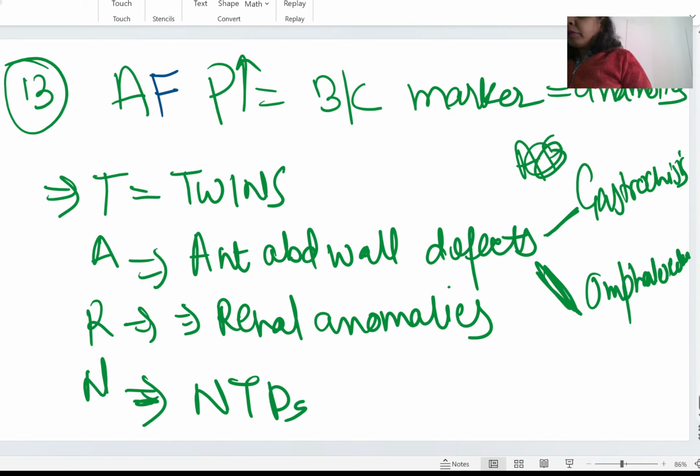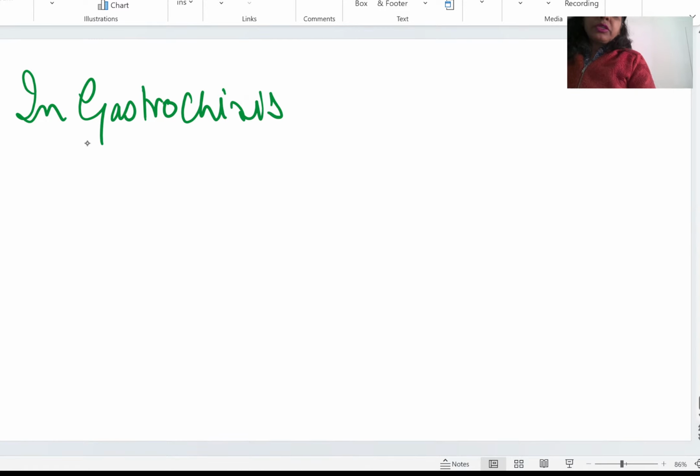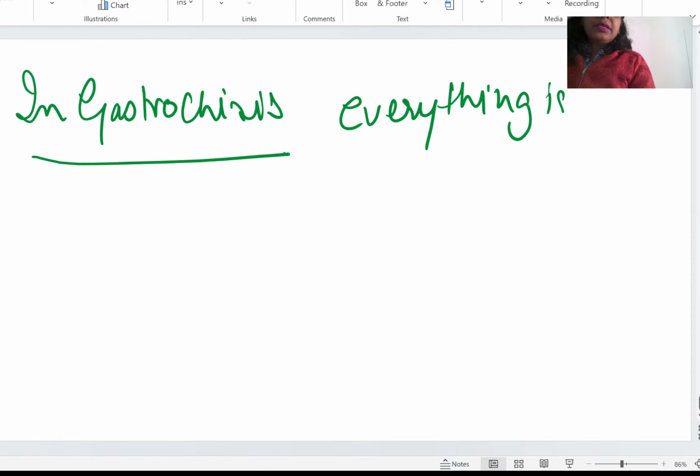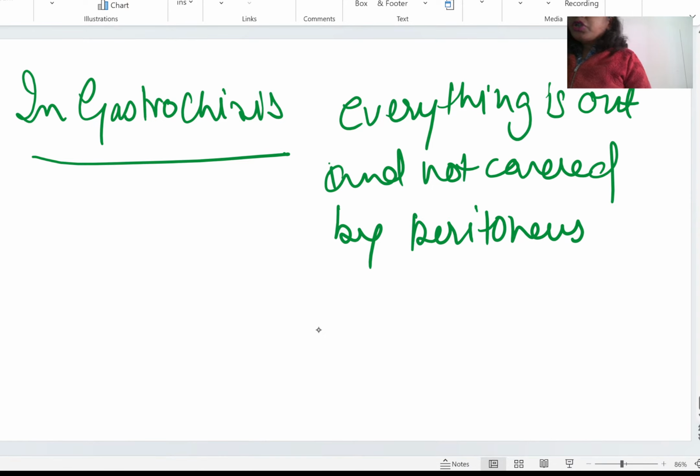Maximum is in gastroschisis, because in gastroschisis everything is out and not covered by peritoneum, very good Dr. Nimra.